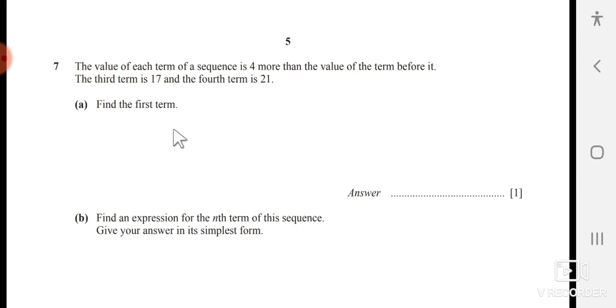First term can be calculated by Tn is equal to a plus bn. A is first term, sorry, first one is you need to calculate.